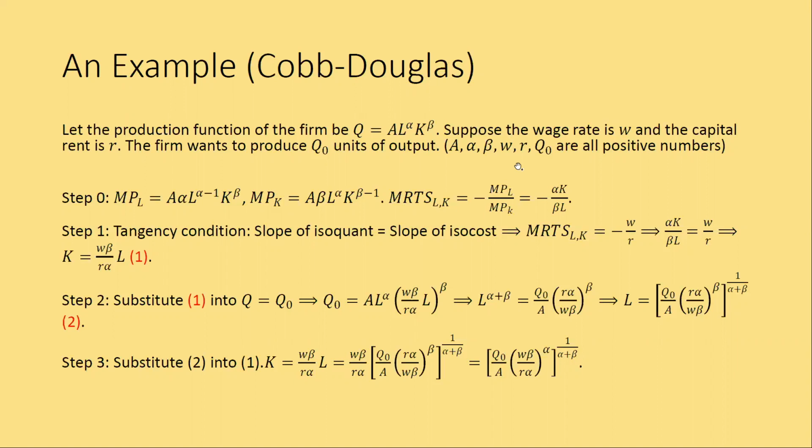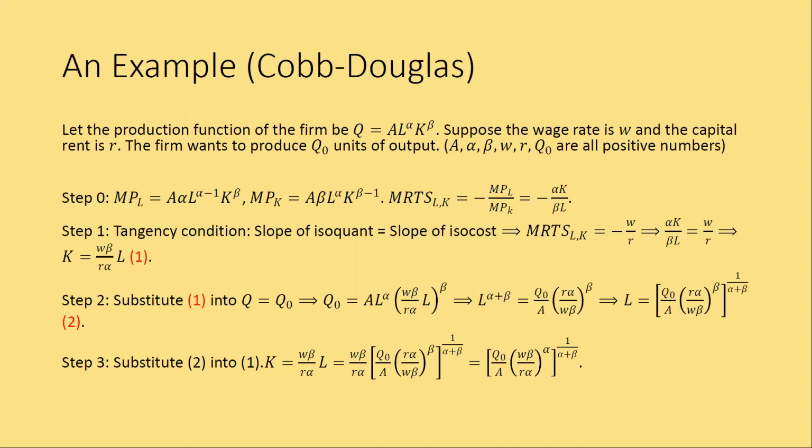So step 0, we calculate the MPL and MPK, we find the MRTS. Because it's Cobb-Douglas, we can use the tangency condition. We find our optimal ratio, which we can express the amount of capital we use as a function of labor. And it depends on the parameters W, beta, R, and alpha.